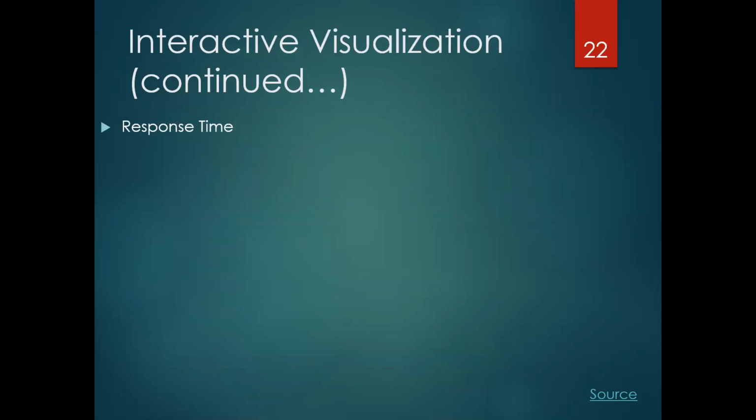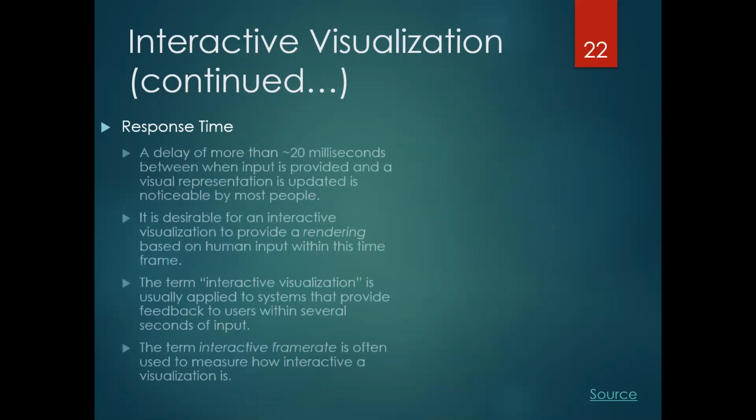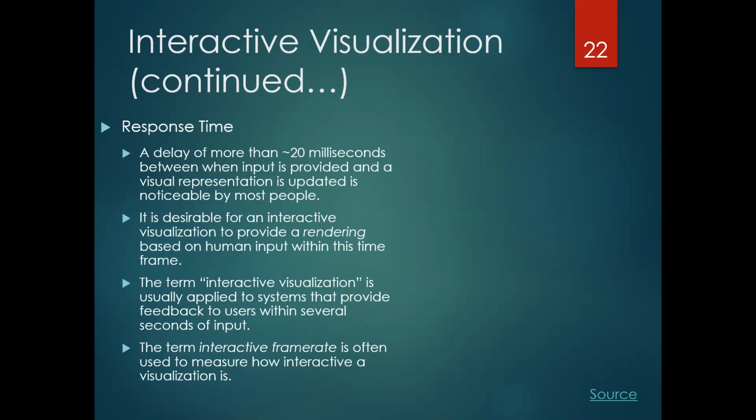And the second one is response time. A delay of more than 20 milliseconds between when input is provided and a video representation is updated is noticeable by most people, which means that it's best if you can control the response time of the computer to 20 milliseconds or even faster.